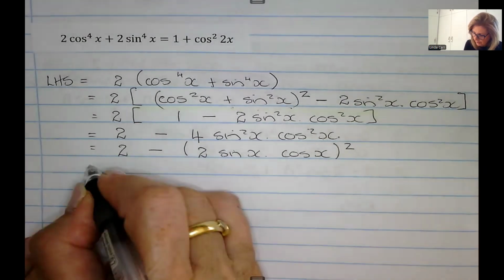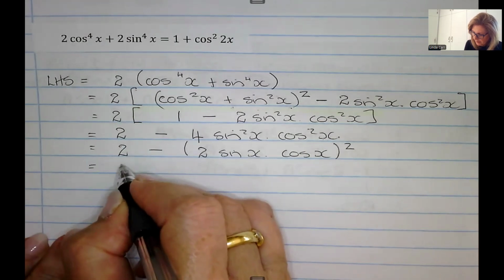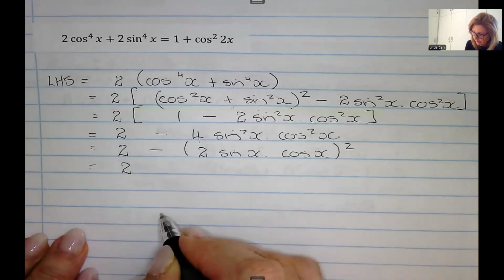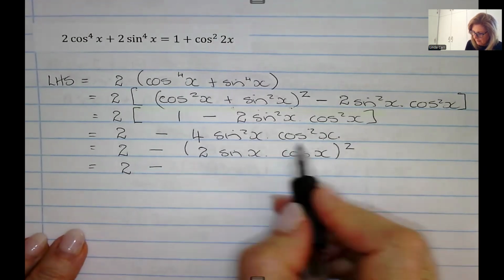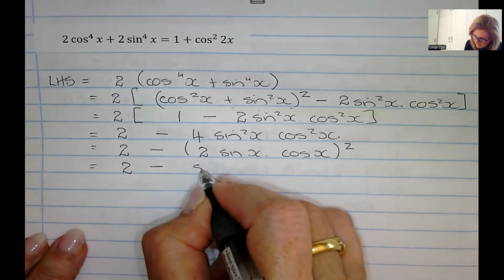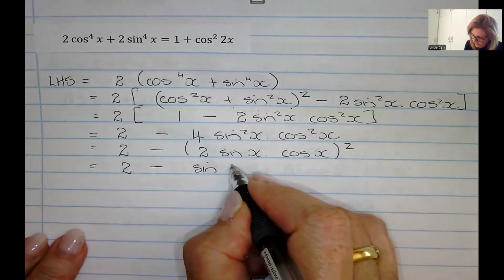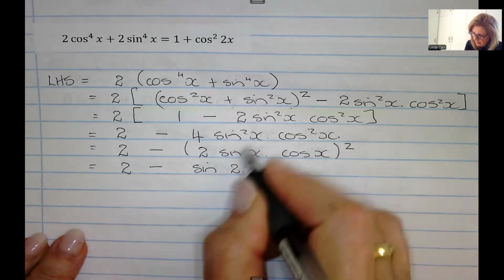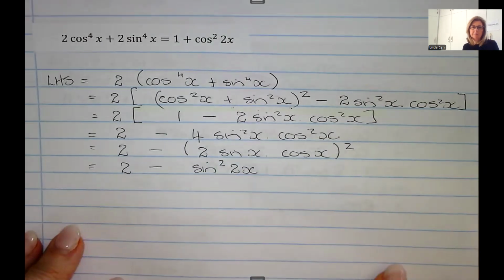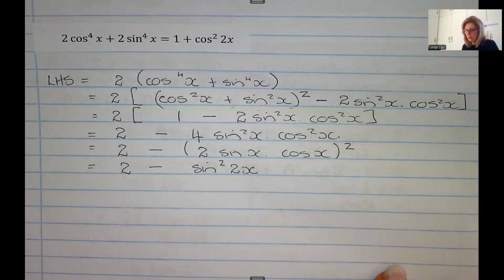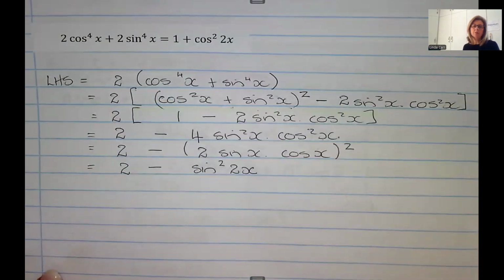Okay, so now what I have is 2 minus this over here is sine 2x, but squared. And now you're going, but wait, you wanted cos squared and you've got sine squared.